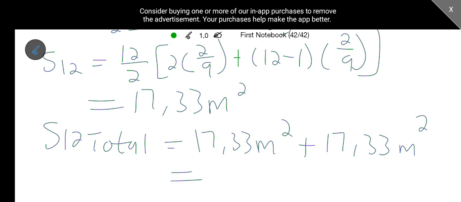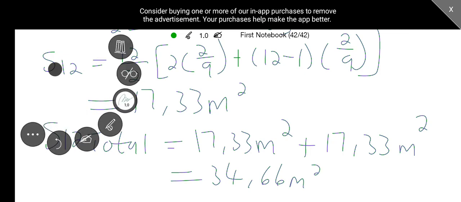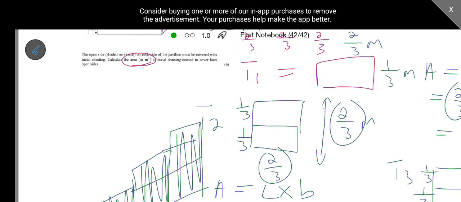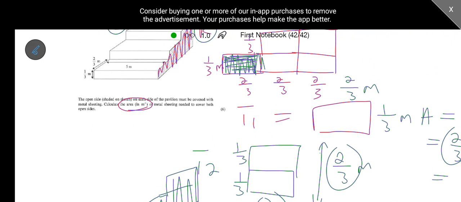So we're going to say 17,33 multiplied by 2, and that will give us 34,66 squared meters. Was there any condition which we were given? Let's see. Oh, okay. Then that is it.